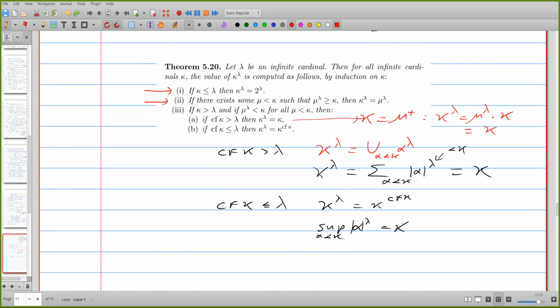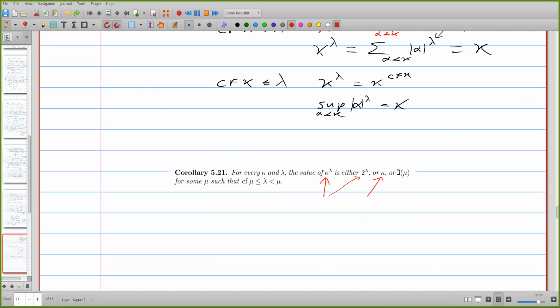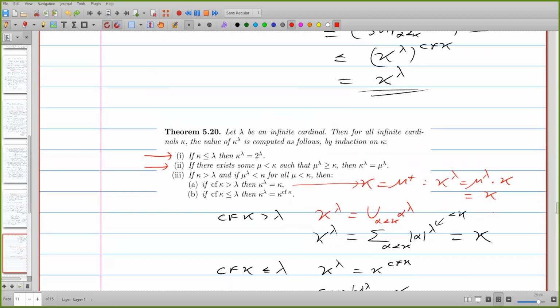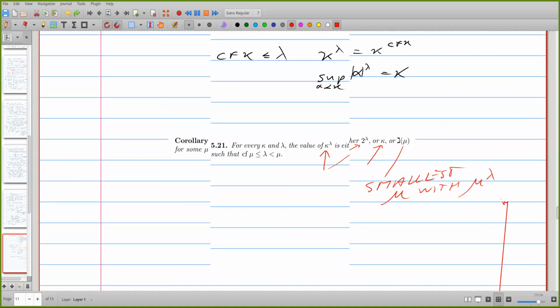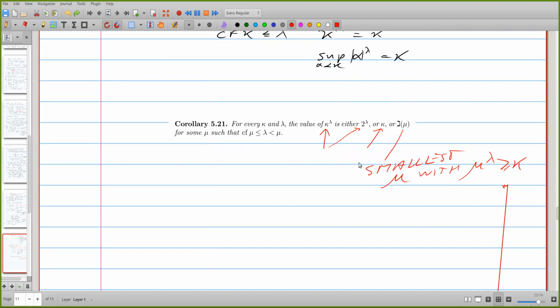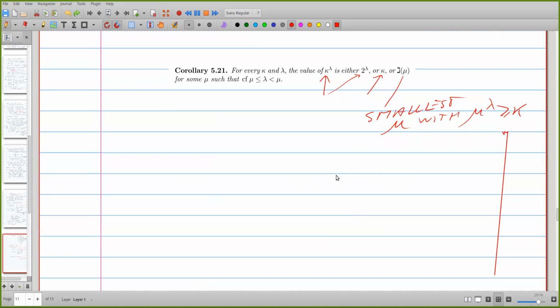Or you have this case where there is a mu less than kappa such that this happens, and then you take the smallest mu with the property that mu to the lambda is bigger than or equal to kappa, then that Gimel is going to be the value of kappa to the lambda and mu to the lambda as well.